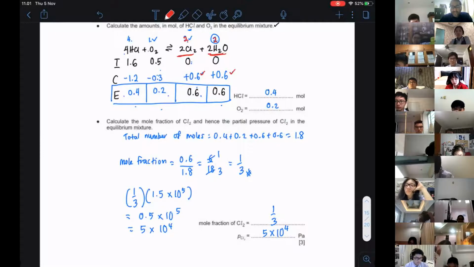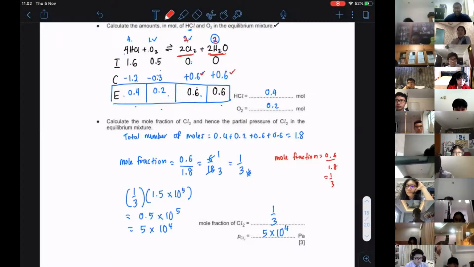And if I calculate the mole fraction of H2O, the mole fraction of H2O is 0.6 divided by 1.8, which is also 1/3. And if I ask you, what is the partial pressure of H2O? Partial pressure of H2O is also 1/3 times the total pressure, which is 1.5 times 10 to the power of 5, and you will get 5 times 10 to the power of 4.